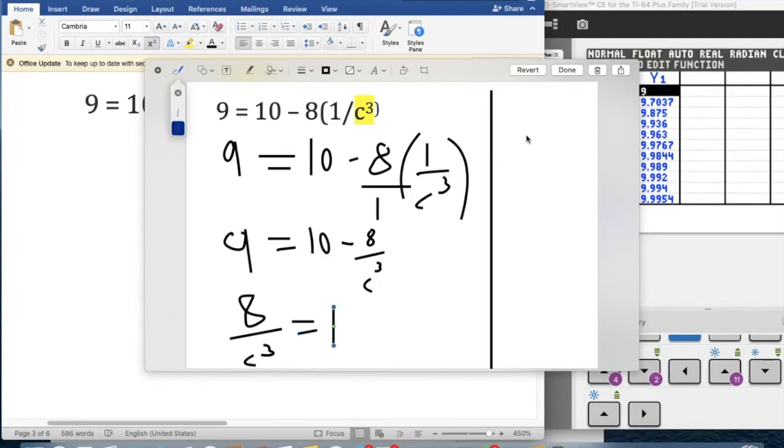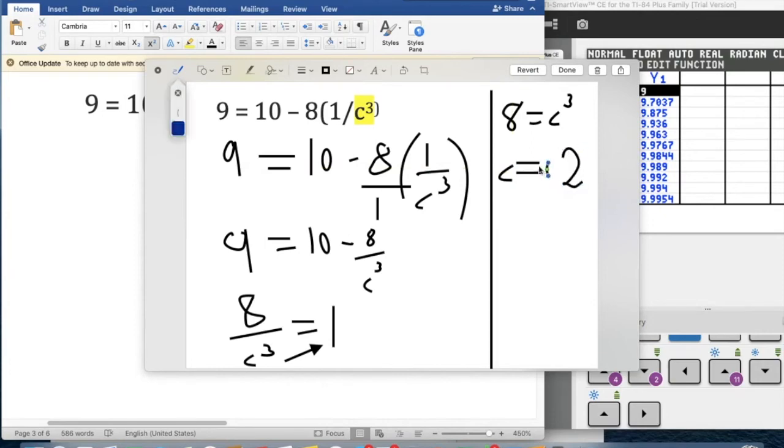C is on the denominator, we don't want it there, so we're going to times both sides by c cubed, and then it becomes on the numerator of the right hand side. So we have 8 equals c cubed. And then we need to find the cube root of 8, which is what number goes into 8 3 times to give 8, and we are going to have 2.